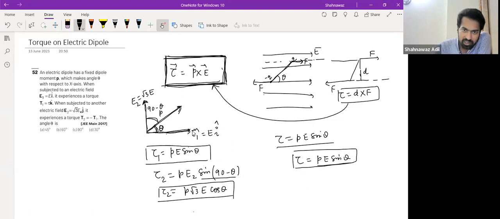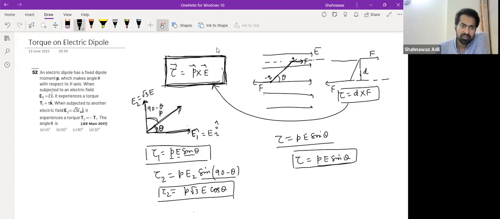So we have this electric field in the x direction, and this P moment making an angle theta with this electric field. So PE sine theta would be torque 1. Understood, Faiza? Because E1 is in the x direction, and the angle between P and E is theta.